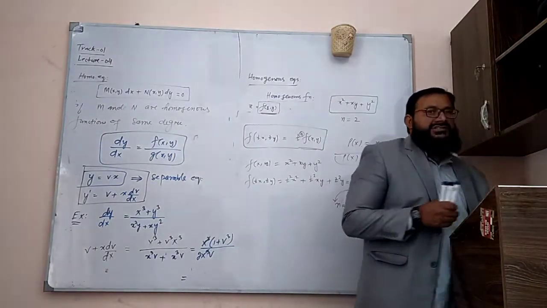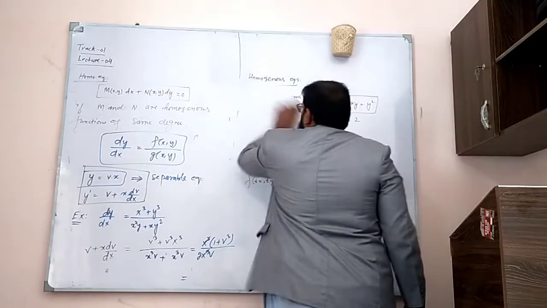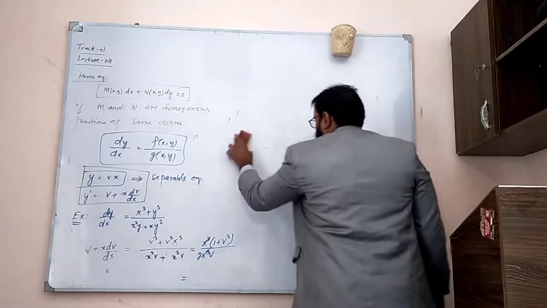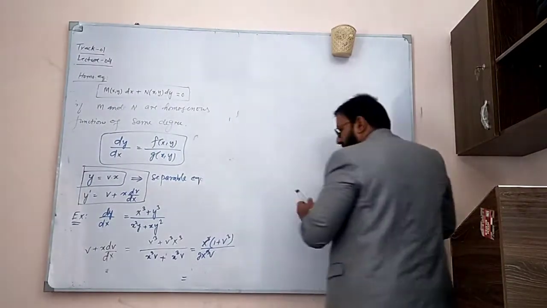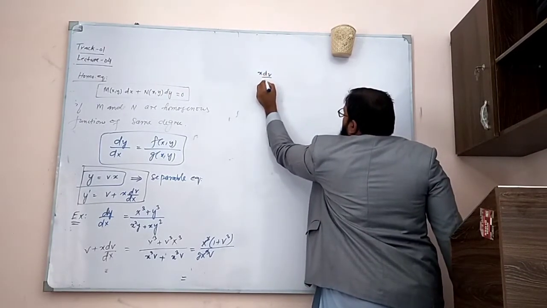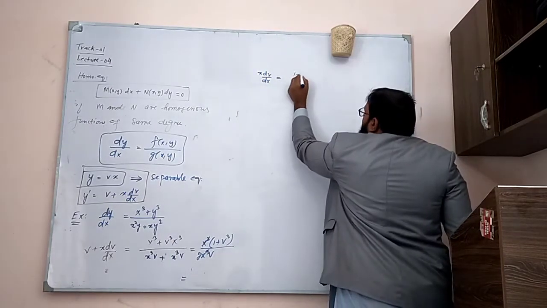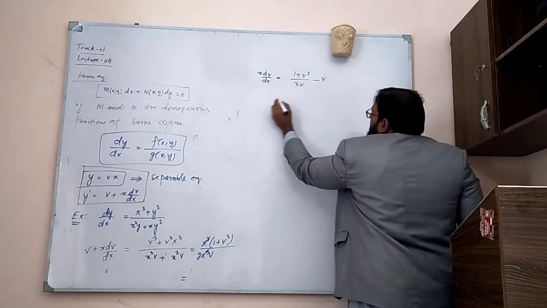Now you can see the equation is separable. And how to solve a separable equation, we know very well. So now we have on the left hand side x dv by dx equals (1 plus v cube) divided by 2v, minus v.